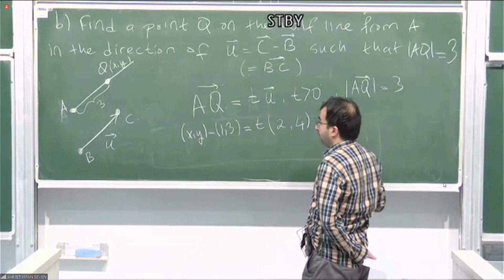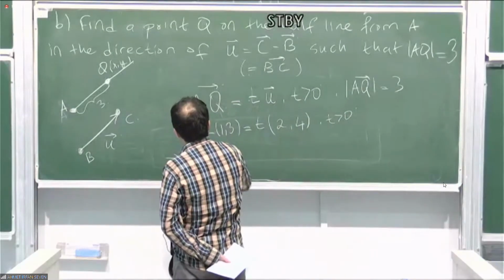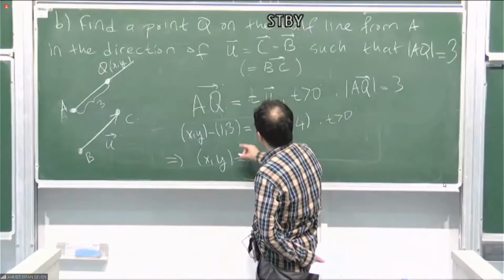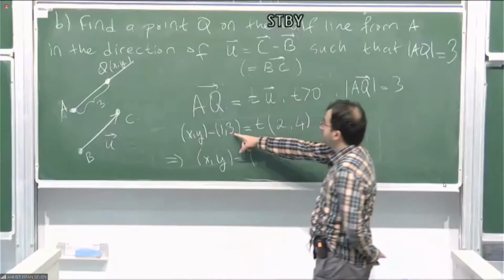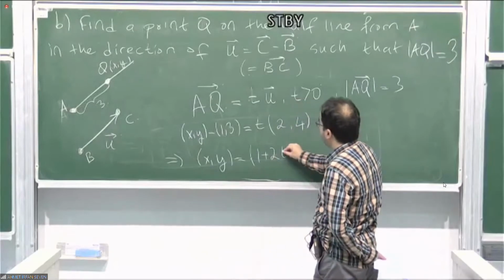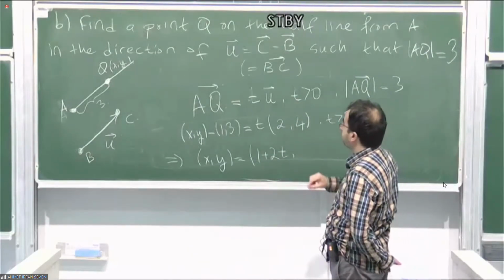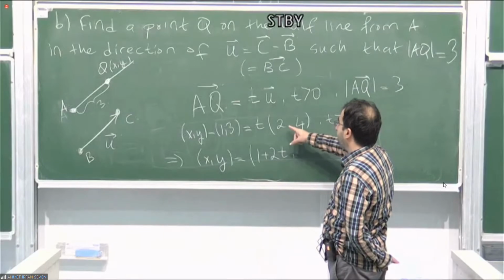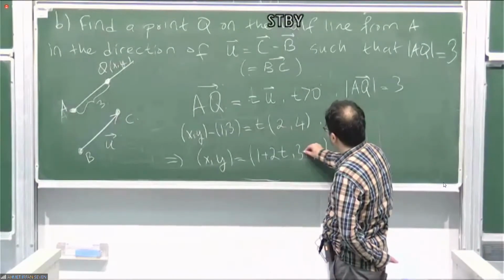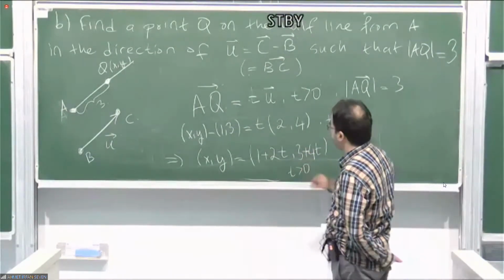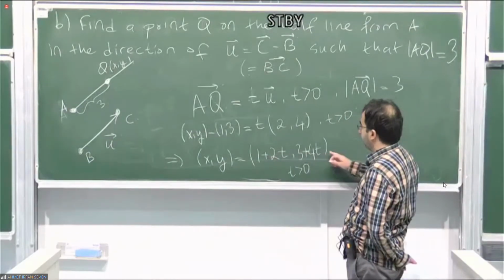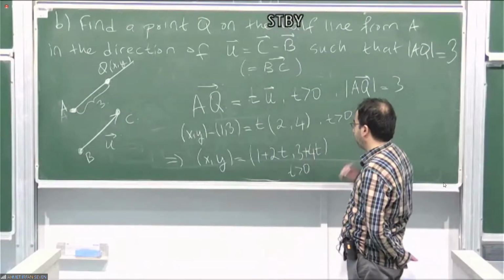T is, however, a positive number. So from here, let's find XY. We take (1, 3) to the other side. So we will have 1 plus 2T, and the other one will be 3 plus 4T, for some T positive. Again, I don't know XY yet, but I know that it depends on parameter T like that.